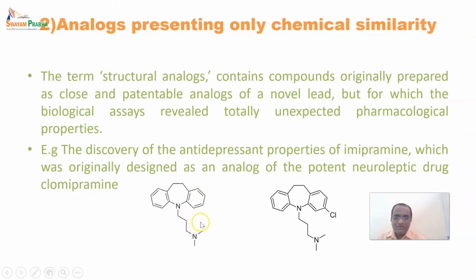This is the structure of imipramine, which has antidepressant activity, while clomipramine has neuroleptic activity. Both are actually CNS depressants, but their activities are a little different, and due to this their uses are different.